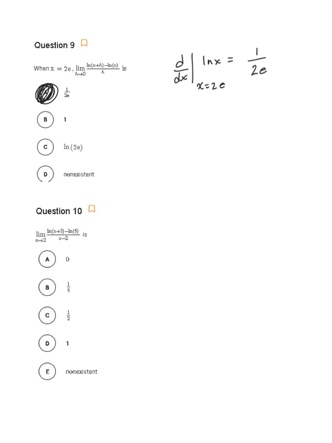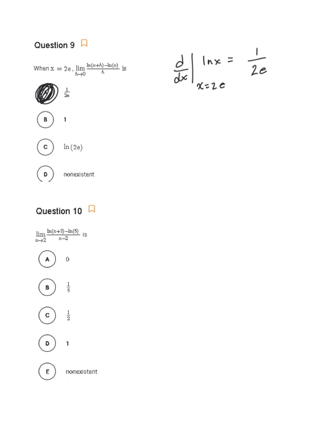So for the next question, 10, they're saying as x approaches 2, what is the derivative of ln? That's what this question is asking you.